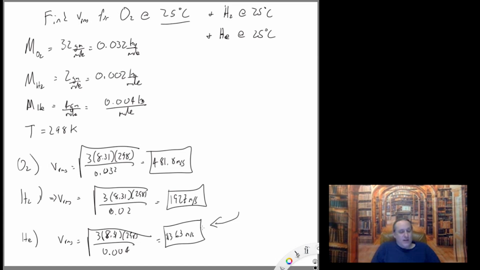And then on Thursday, we'll continue with this thermodynamic topic, but the material that we discuss Thursday will not be on your contest this coming Friday. So this is the last material that will be on the contest. It's going to be basically fluids, and what we've covered so far on heat, that would be basically temperature scales, thermal expansion, and ideal gas law, and then this VRMS stuff, finding the velocity of different gases at different temperatures.